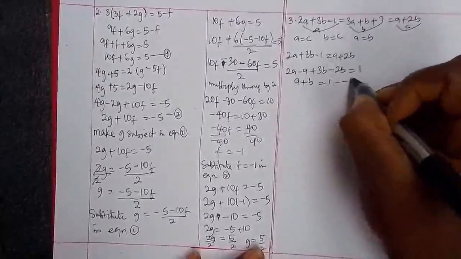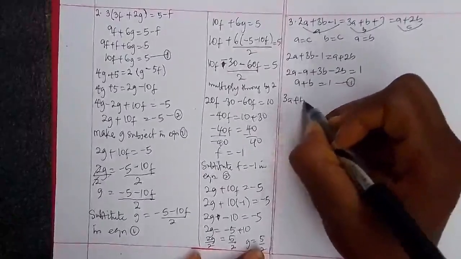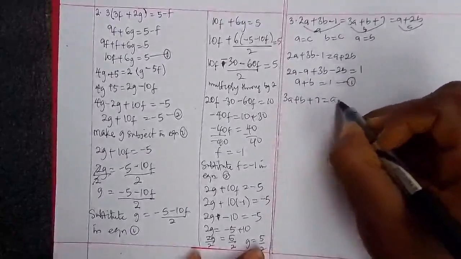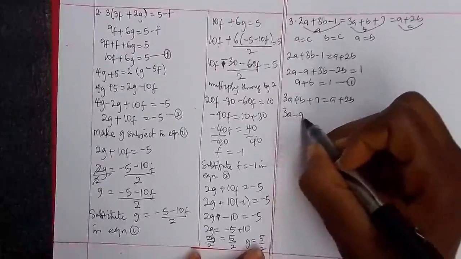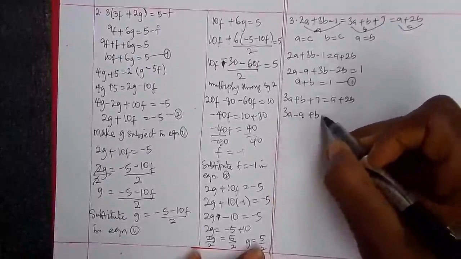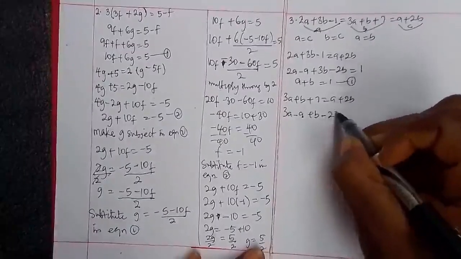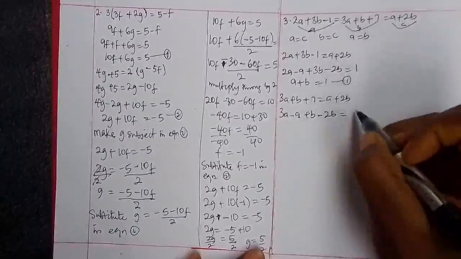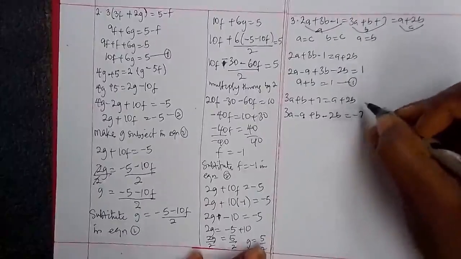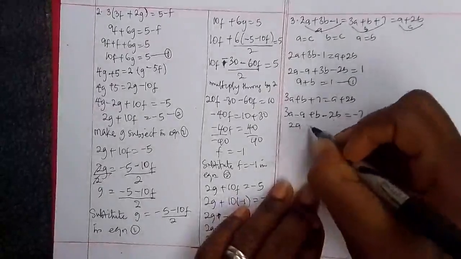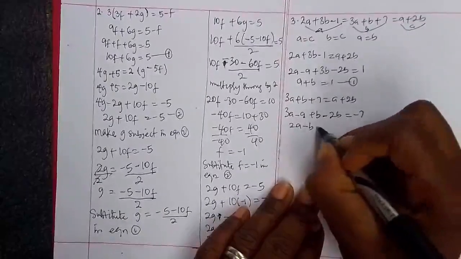This is equation 1. And then b, 3a plus b plus 7 is equal to a plus 2b. So we have 3a minus a plus b minus 2b is equal to, plus 7 moves over, it becomes minus 7. So what we have here now is 2a, b minus 2b is minus b is equal to minus 7.